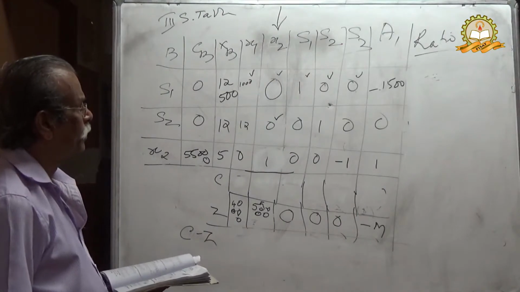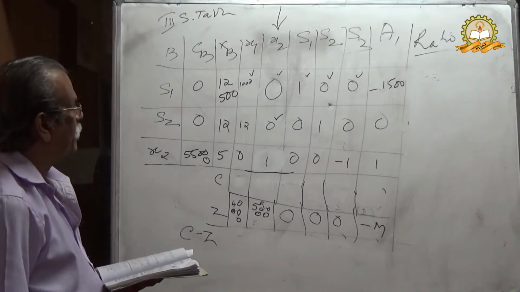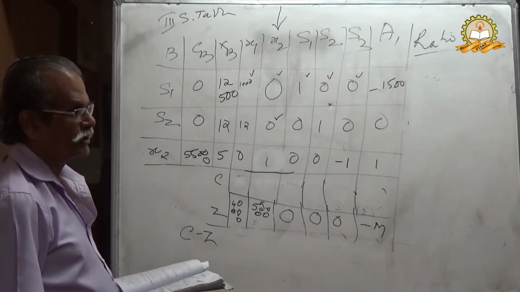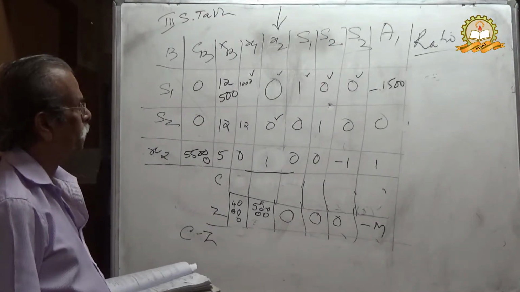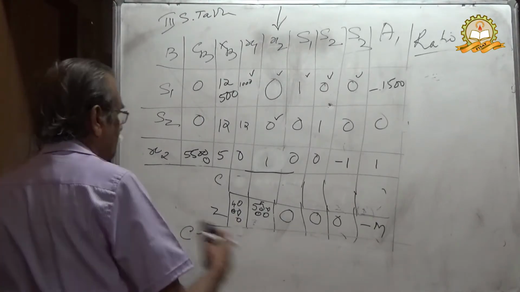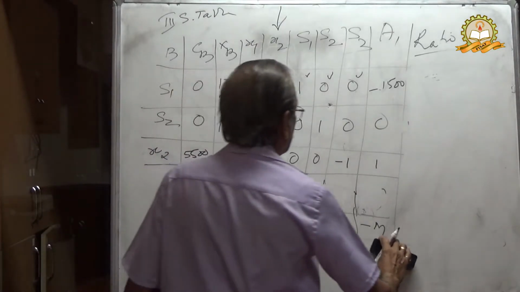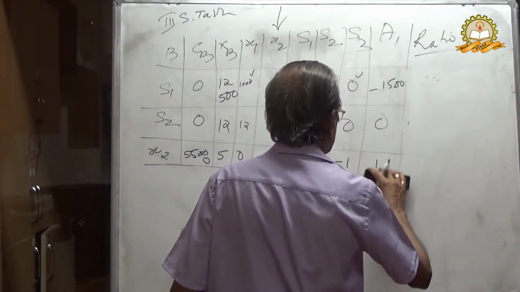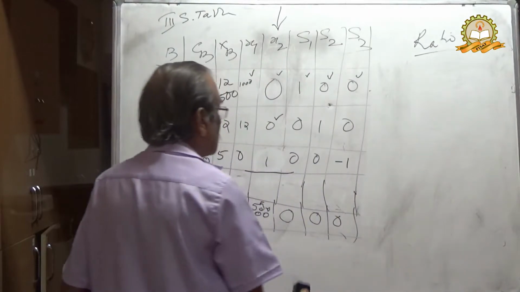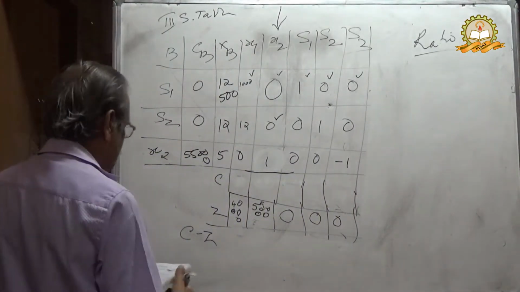Here you note, in the first column there is no A1. Therefore the column under A1 gets cancelled.